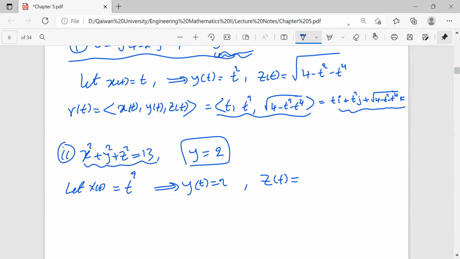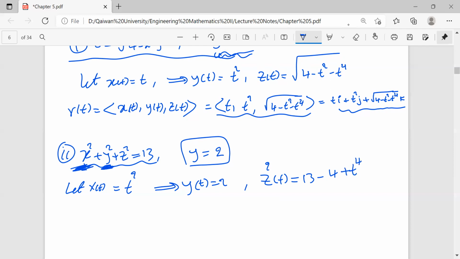Z squared of t equals 13 minus 2 squared, which is 4, because y of t is 2 and we have y squared. We move it to the other side, it becomes minus 4, and x is t squared, so x squared becomes t to the power 4.